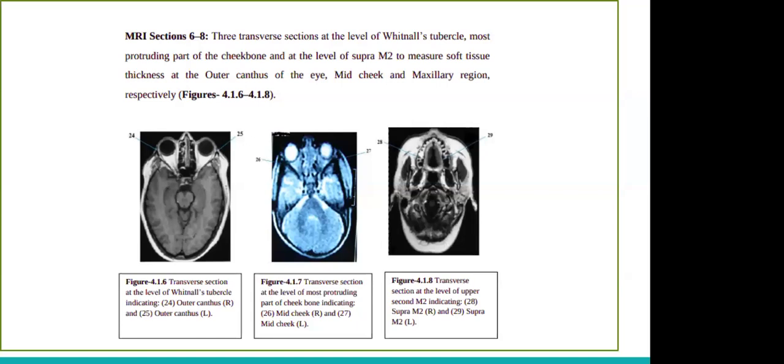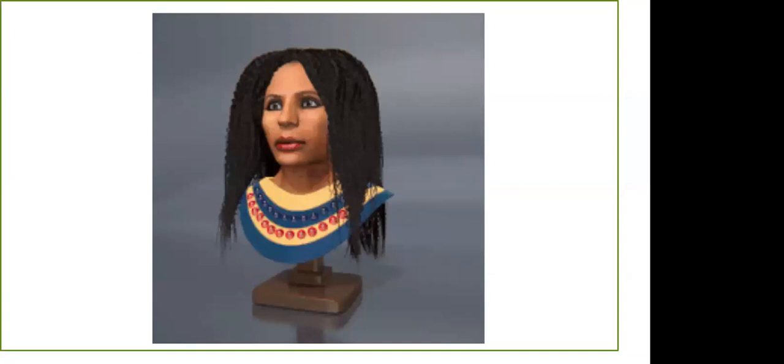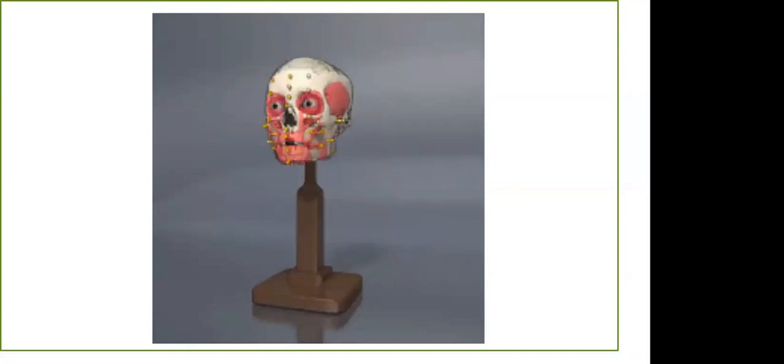As I mentioned earlier, supra means upper, and M2 is the second molar. This is the third plane that we take, and if it was infra M2, that would mean lower second molar. These are the regions where we gather information about facial soft tissue thickness.